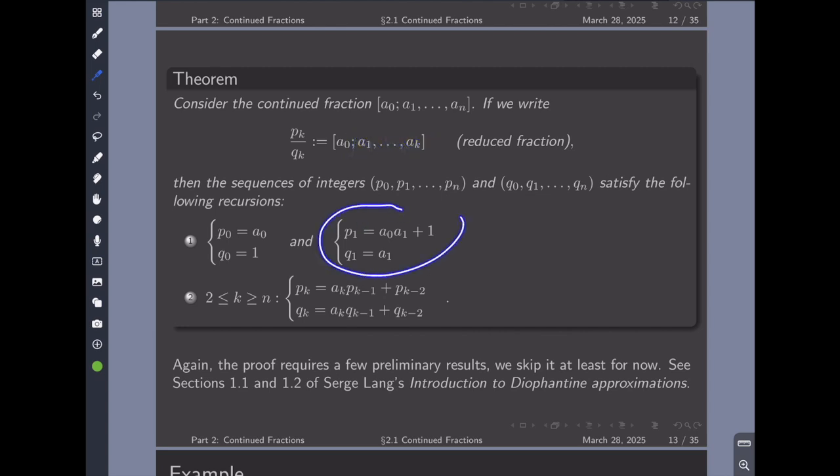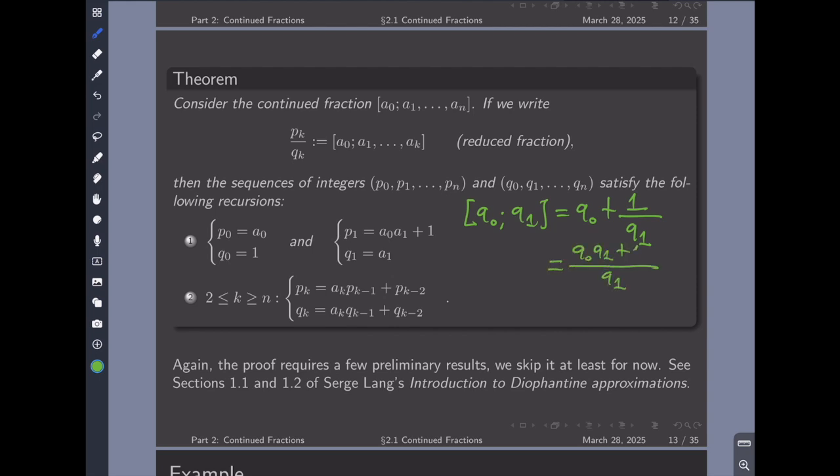For the first ones you can actually see this: for P1 and Q1, you just notice that a0, a1 is a0 plus 1 divided by a1, which is (a0 a1 plus 1) over a1, and this is already in reduced form because a1 is a factor of this one and the other one is just 1.